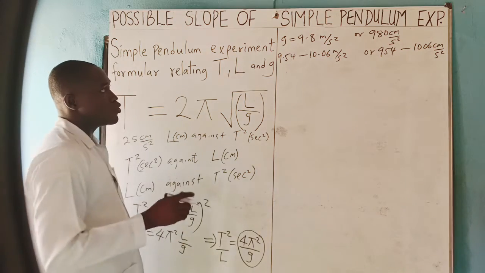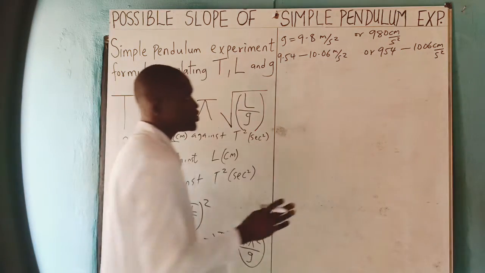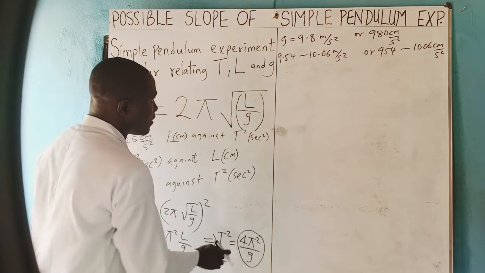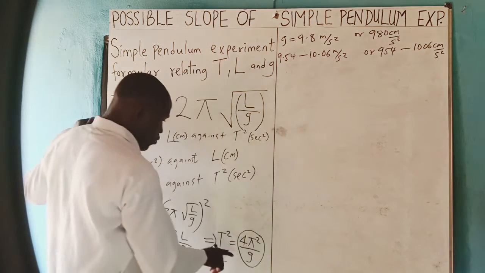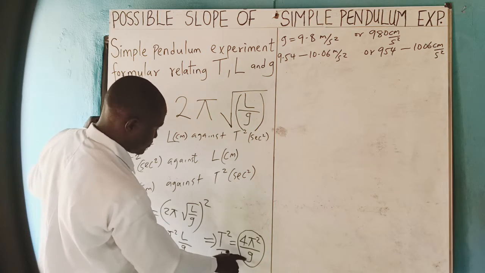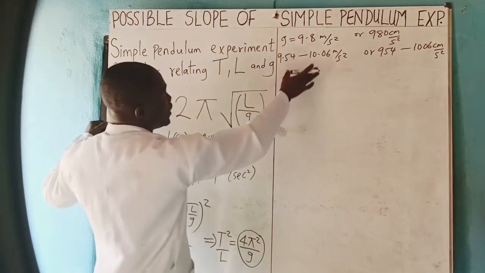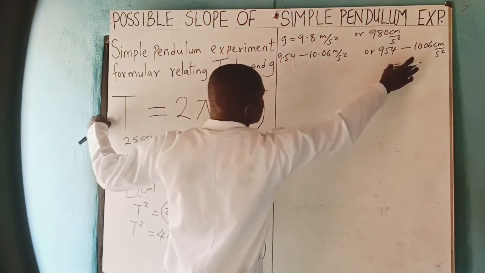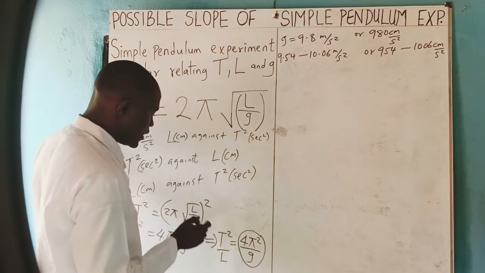So what we do, since this is the possible range we should take note of, we have to apply it here. We are talking about 4 pi square over G, and we will do it with respect to meter per second squared and with respect to centimeter per second squared. Okay, let's go.